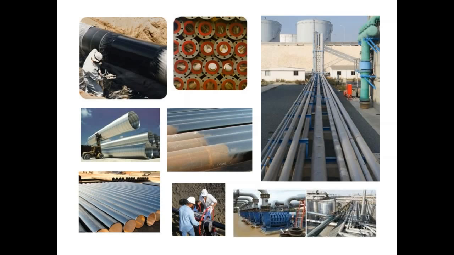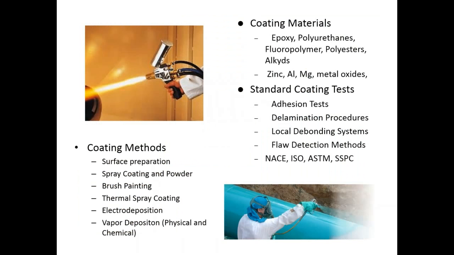And of course, this is a cost-performance ratio benefit. So, for example, the refining, the pipe industry, and many types of manufacturing rely on corrosion-resistant alloys as well as different types or qualities of paint. Coating can be done either by spraying, brush painting, electrodeposition, or thermal spraying.